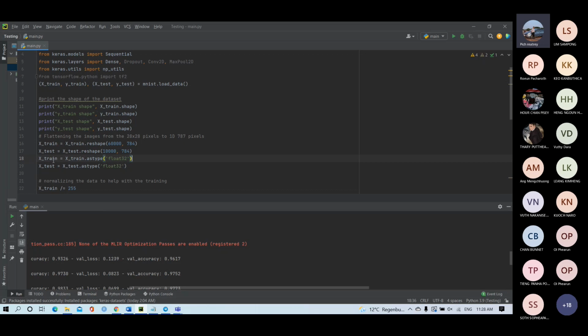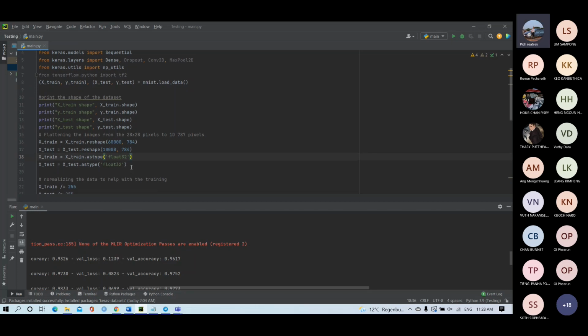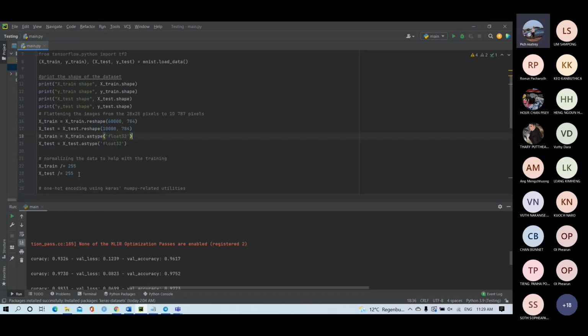After that, with the training set, we convert those values to floating numbers, because normally when we extract the data from our data set, it is a decimal number from 0 to 255. So you have to convert those values to floating numbers in the domain 0 to 1. How? We just divide by 255, so it's a floating number.